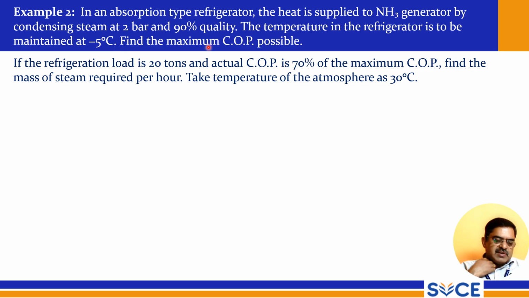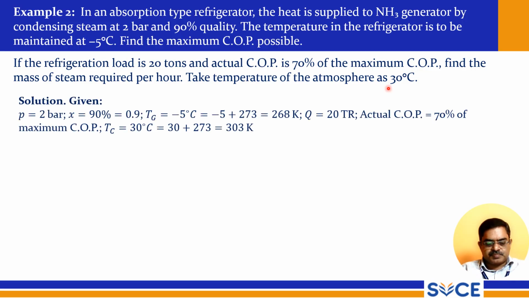So here, if the refrigeration load is 20 tons and the actual COP is 70% of the maximum COP, find the mass of steam required per hour, and take the temperature of the atmosphere as 30 degrees Celsius. So these are the given data.